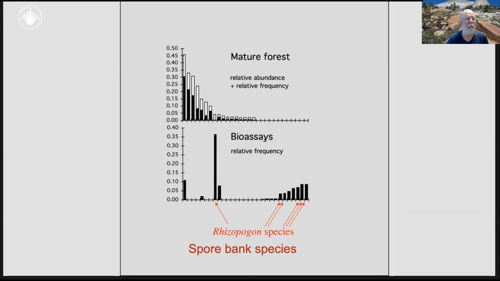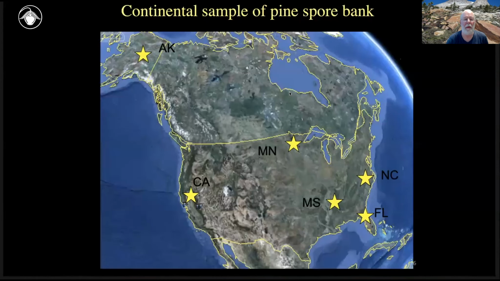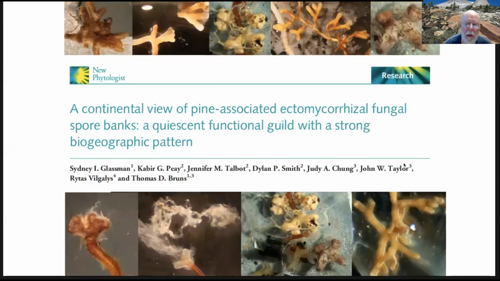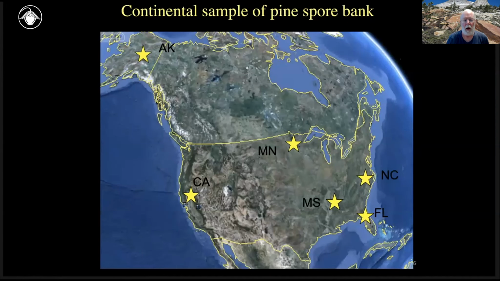All right, so with that little background, now let's go and look at the continent and say, okay, what's going on with these spore bankers over the whole area? And so what's going on here is that we sampled across North America, and for the spore bank, we looked in 6 different states, 2 sites at each.